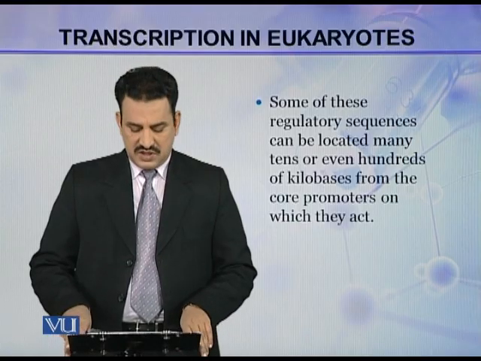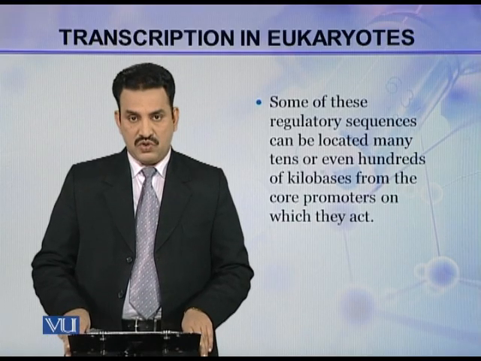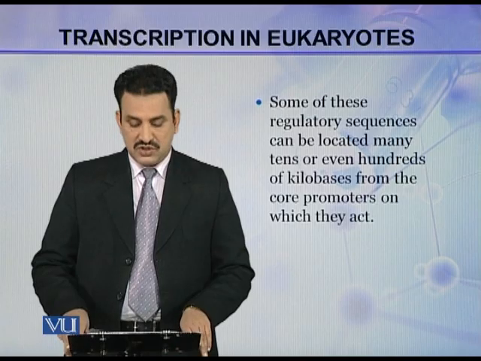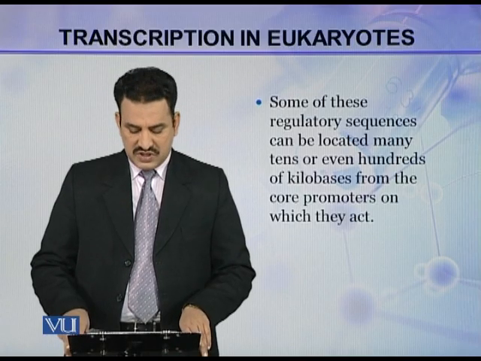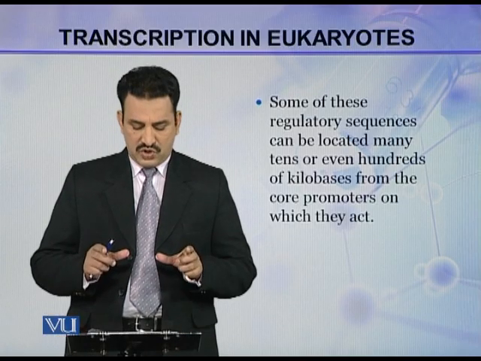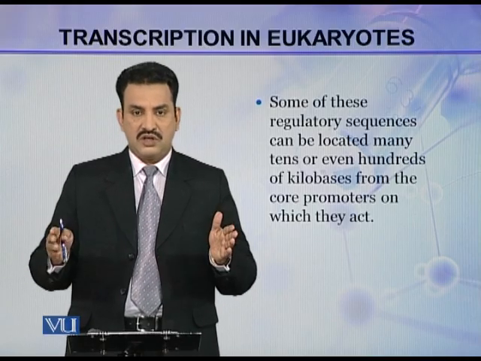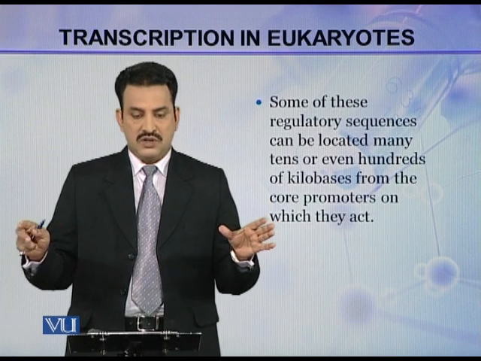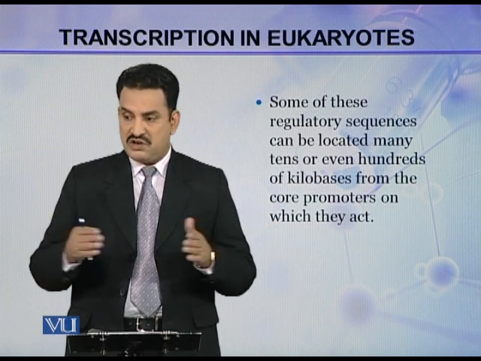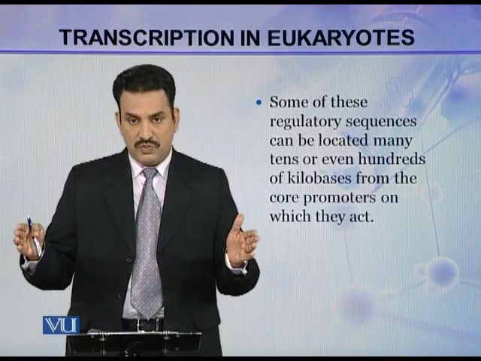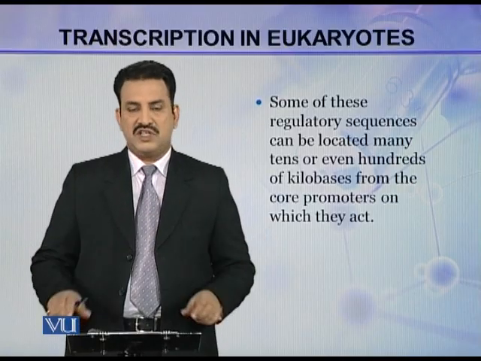Some of these regulatory sequences can be located many tens or even hundreds of kilobases from the core promoter on which they act. So their location is very wide, maybe tens or even hundreds of kilobases away from the transcription site.